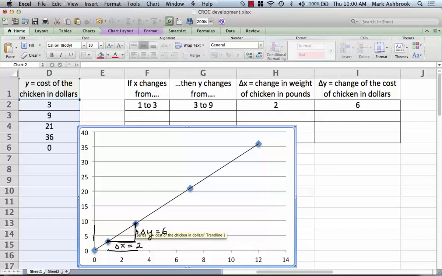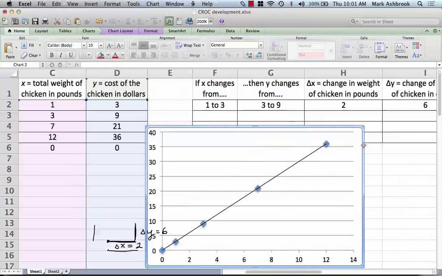So we're using the graph and we're representing these changes. When x changed by 2, y changed by 6. Or when the number of pounds increased 2 pounds, our cost went up $6. Okay, so what I want you to do is use these values to come up with some more lines in my table.